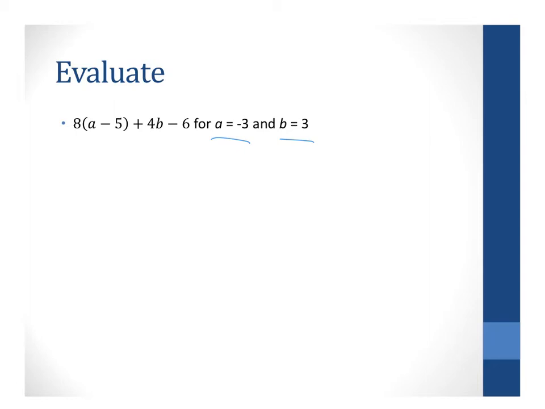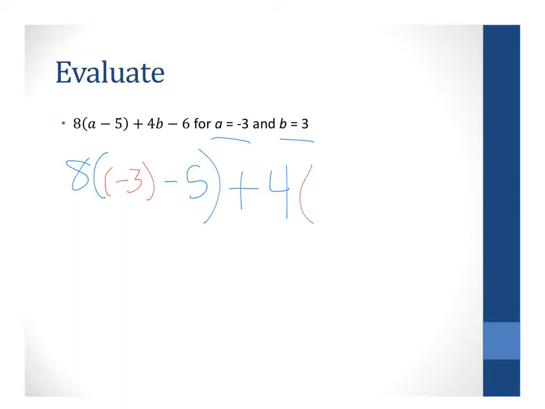So let's do that. I've got 8 times, and then we have a. So I usually put my number in its own parentheses, minus 5. And again, I'm just using these extra colors because I think it helps to see all that. You don't have to do that, but you can if you want when you're getting started.